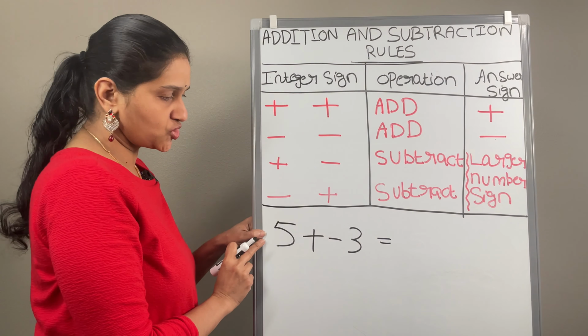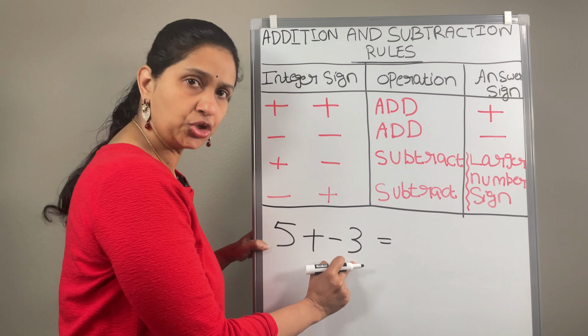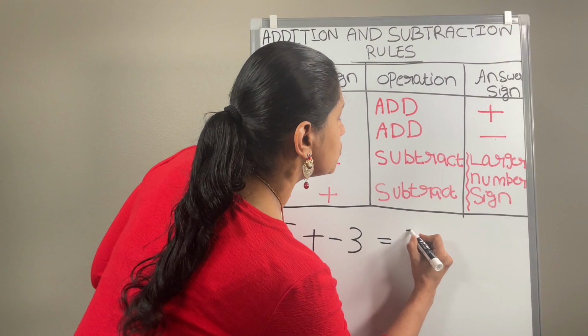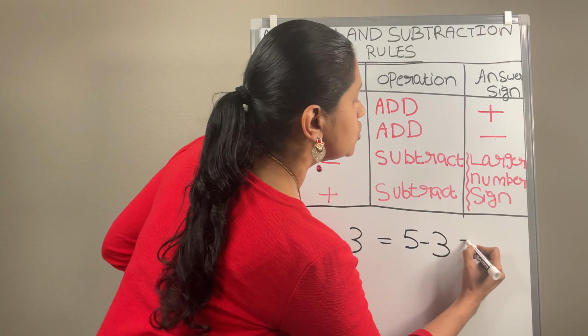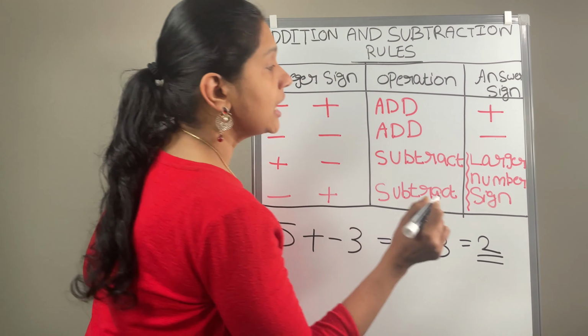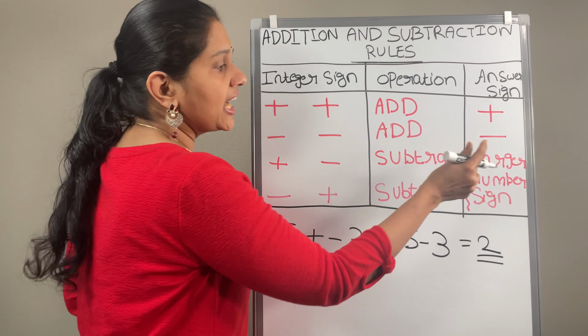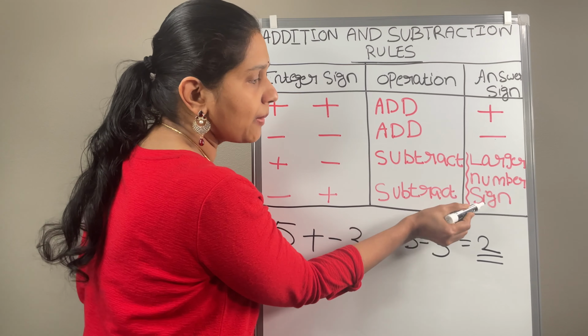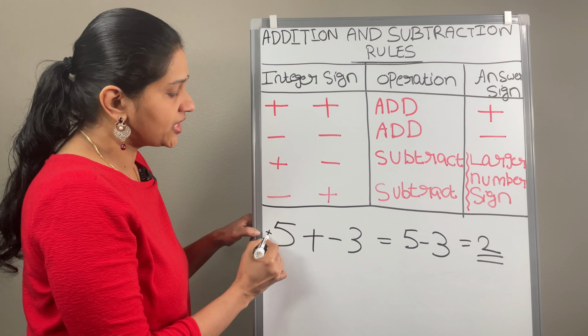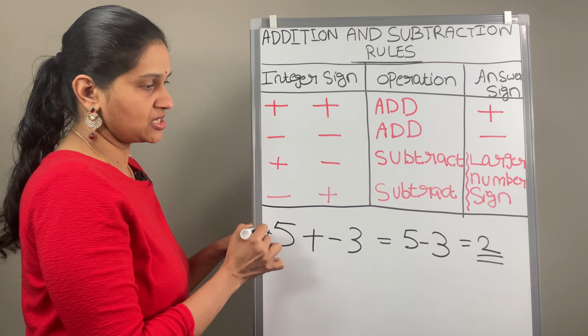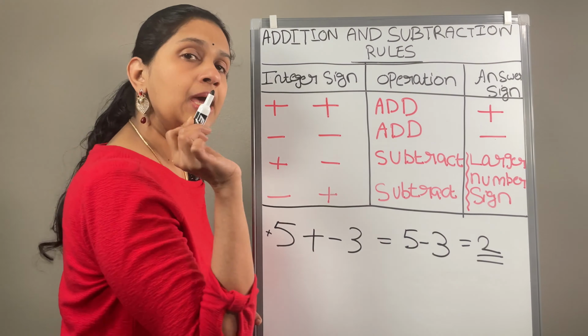When you have a positive number and a negative number, the operation you should perform is 5 minus 3, which is equal to 2. Now what about the sign? Sign will be the larger number sign. Here 5 is the largest and you know the sign of 5 is positive. So the answer will be positive.